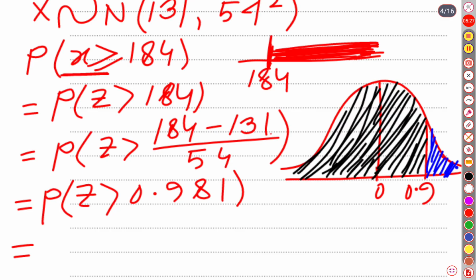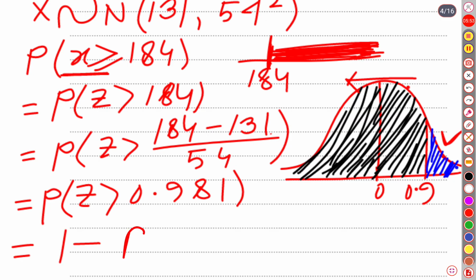We know that the normal distribution graph is a symmetrical graph. So easily what we can do is, from the whole probability, if we subtract this left side, we'll definitely get the probability which is lying on the right side of the z-score. The whole probability is nothing but 1.